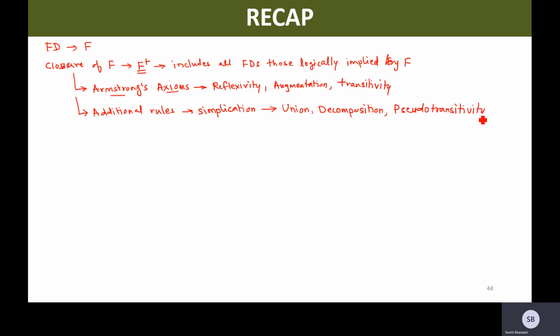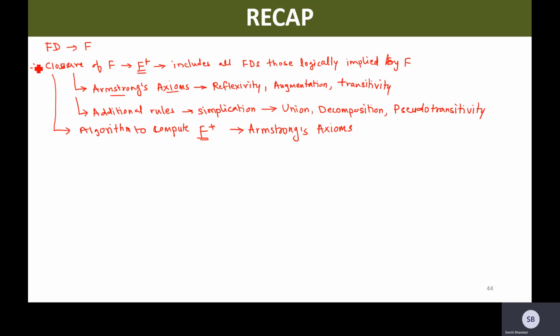Right? So we have seen all those rules. Further, we have seen the algorithm to compute F plus, and this algorithm actually uses the Armstrong's axioms to compute this F plus.